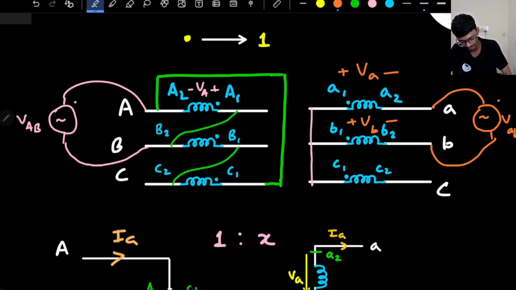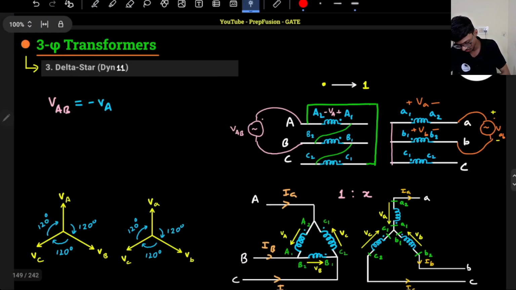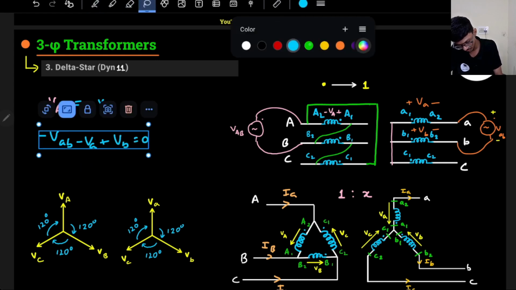If you apply KVL in this loop, this will be plus, this will be minus. So minus VAB minus VA plus VB equals 0.